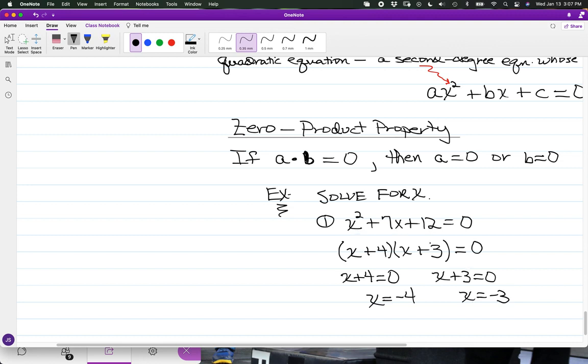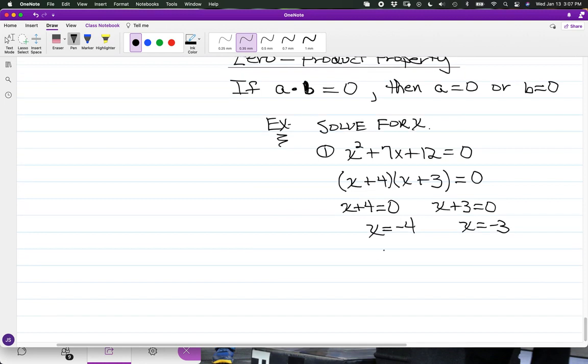Now we have 7 times negative 3 is negative 21. 9 minus 21 is negative 12. And in turn, negative 12 plus 12 is equal to 0. Okay. And so, again, this is another case of a conditional, where this equation is true on the condition that x is either negative 4 or negative 3.